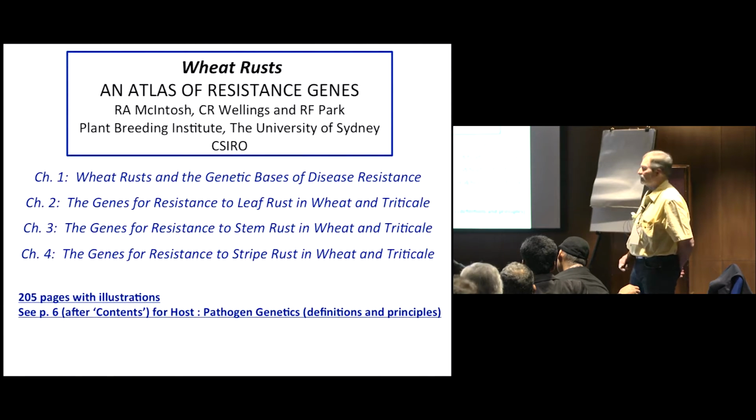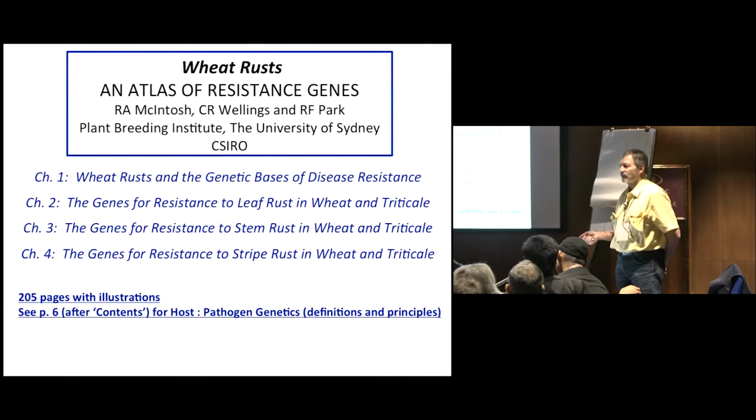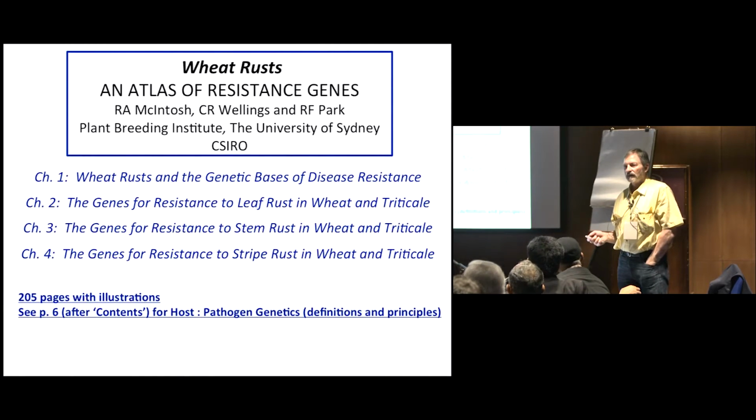It defines terms and provides some principles that will help you study what you'll hear about next, gene-for-gene interaction, etc. Interestingly, in this book there is a statement about the SR2 gene. The authors offered the opinion that it is probably one of the most valuable genes that has been used in agriculture.